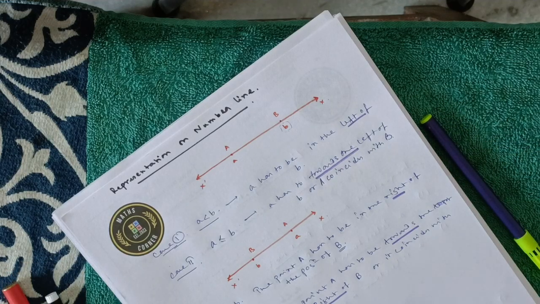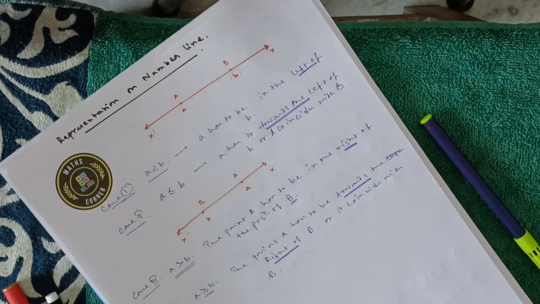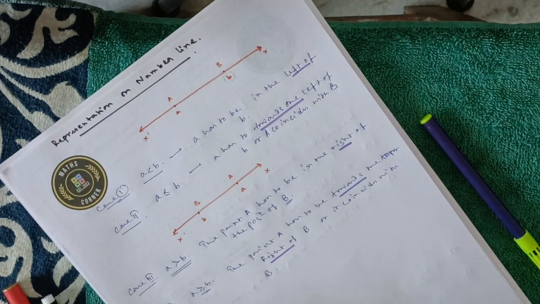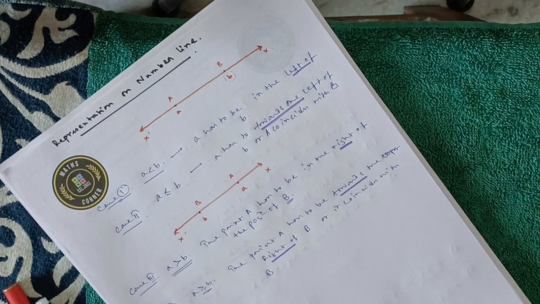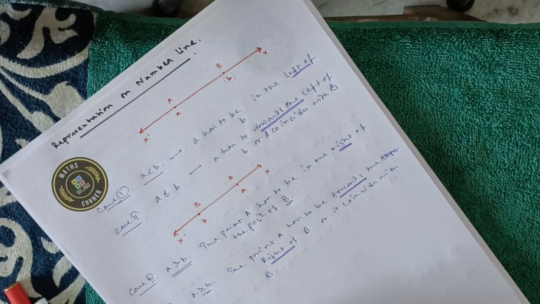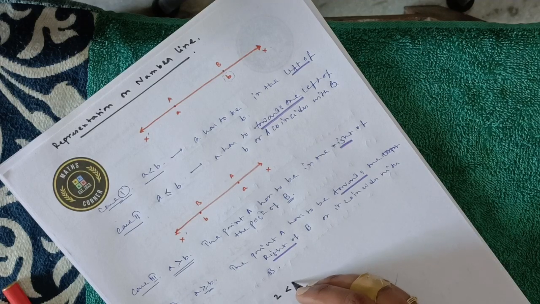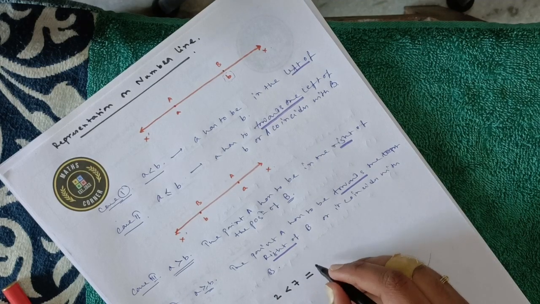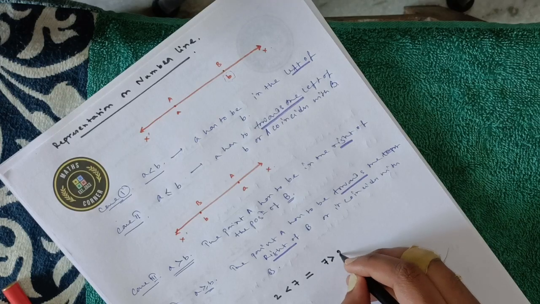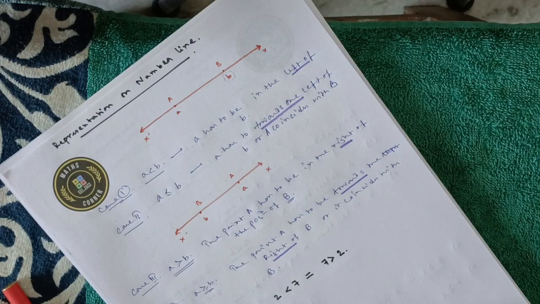So now comes the linear inequation part. And one thing you all can see is that statements such as 2 greater than 7 is equivalent to 7 less than 2.